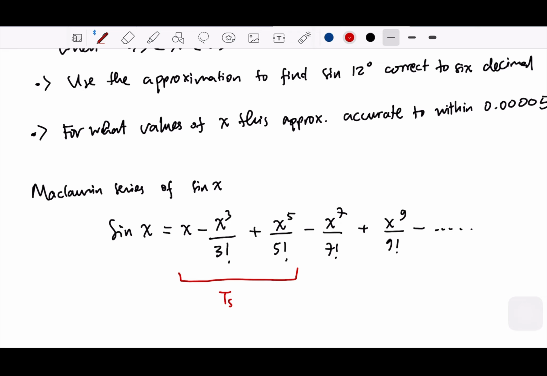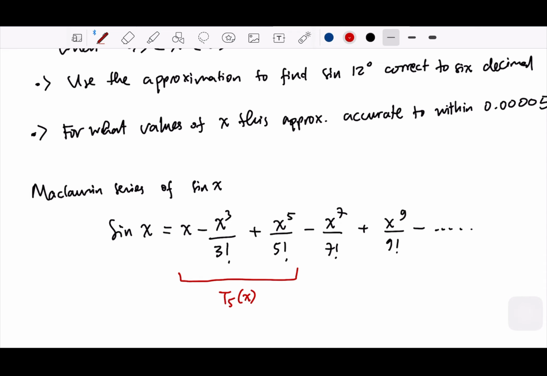So this is T5 of x. And then for sure we have positive, negative, positive, negative, positive, negative all the time. So we know that for this series it's alternating.